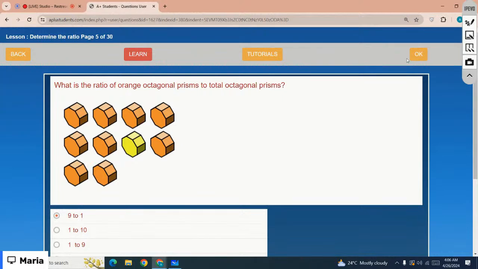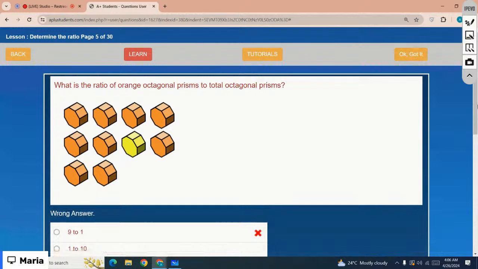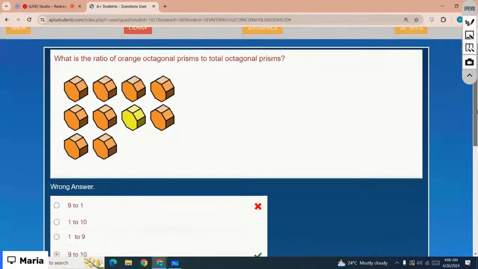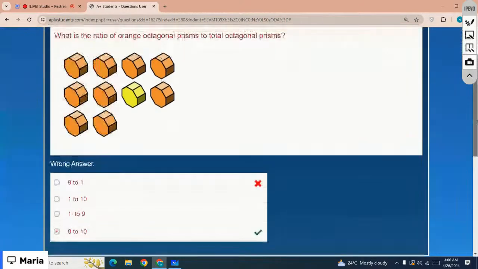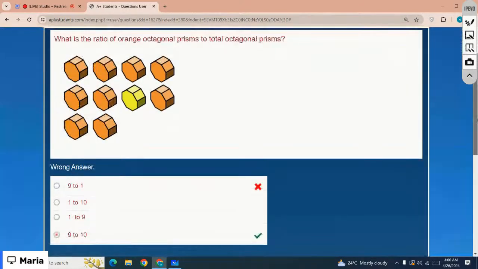Okay, sorry, it is 9 to 10, because orange octagonal prisms to total, and the total are 10. Out of 10, 9 of them are orange, right? So the correct option is 9 to 10.